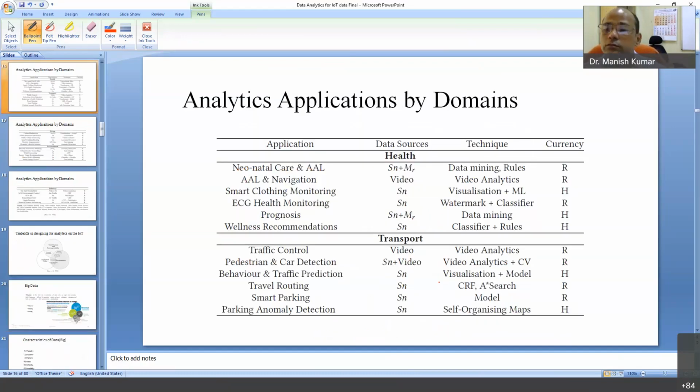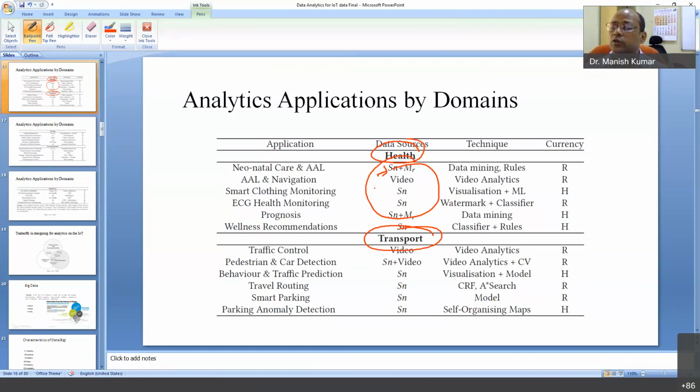These are some application domains where these techniques are being used and were used. This is for health, this is for transport. These are the IoT devices responsible for gathering the data.